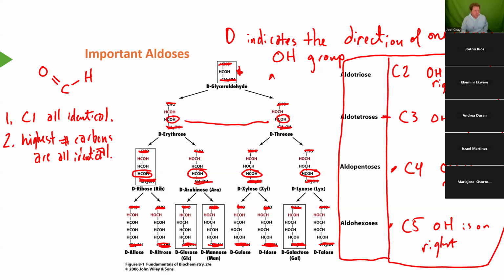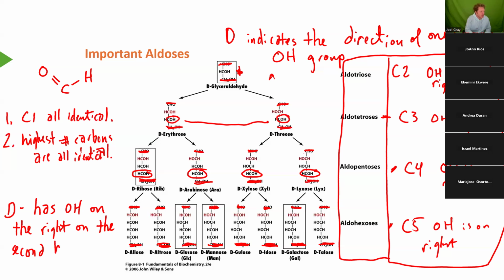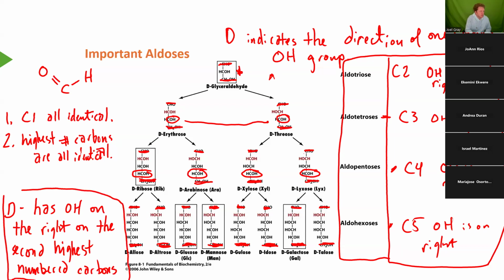What instead we can do is we can say that D sugars have the OH on the right, on the second highest numbered carbon. Does anyone agree with that statement?